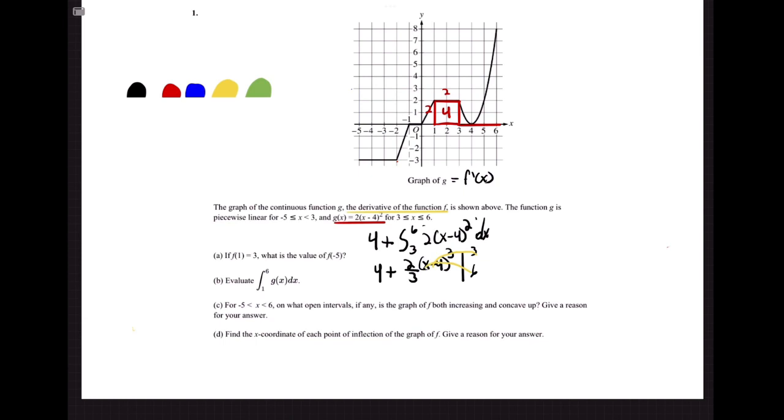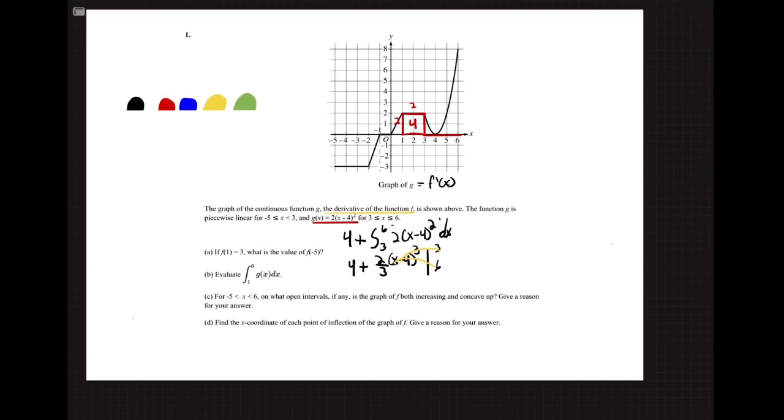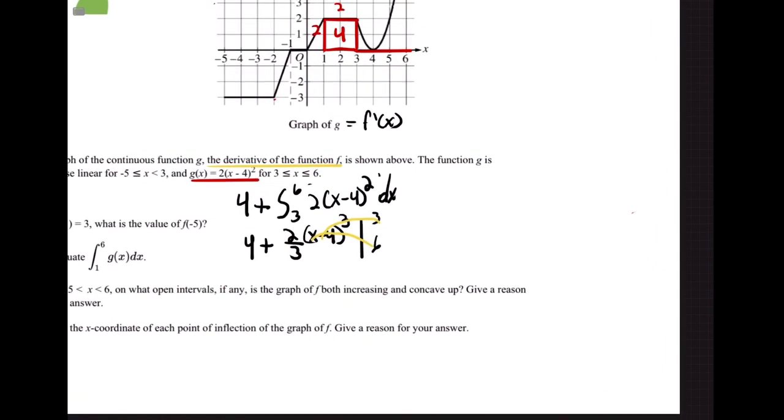We would just have to substitute these values into the x. So it would be 4 plus 2/3 times 8 minus 2/3 times, I mean, negative 1. And this would be 4 plus 6, giving us the value of 10.